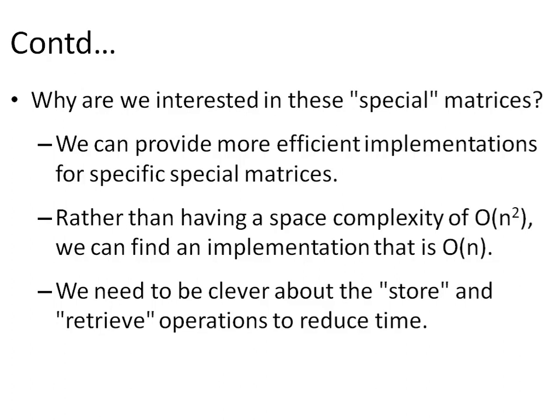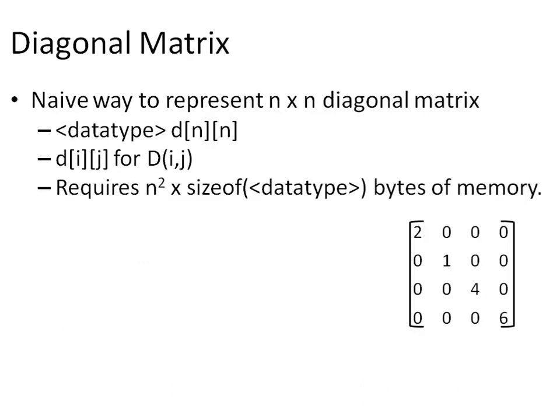Starting with a diagonal matrix, normally we will use a two-dimensional array for this square matrix, but after knowing the fact that it is a diagonal matrix, we can store it using a one-dimensional array containing only the non-zero matrix entries.